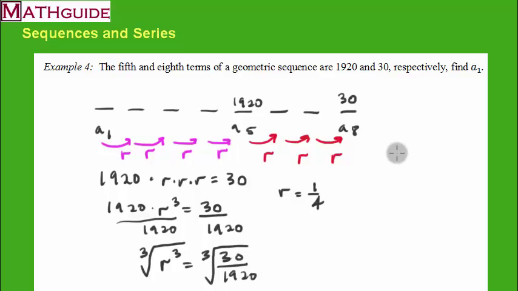It means that I have to take a sub 1 times 1, 2, 3, 4 r's, that's r to the 4th. r times r times r times r is r to the 4th, is equal to 1920. Now remember, we already do know what r is. r is 1/4.